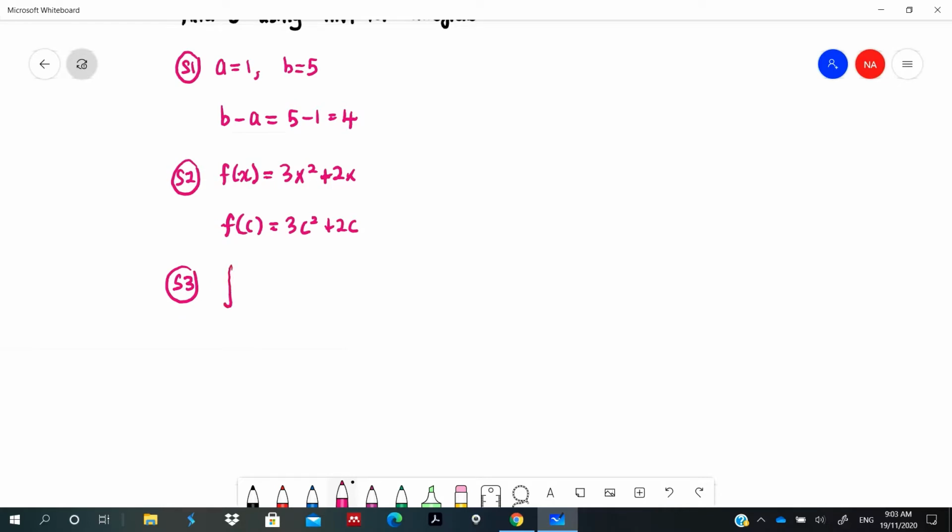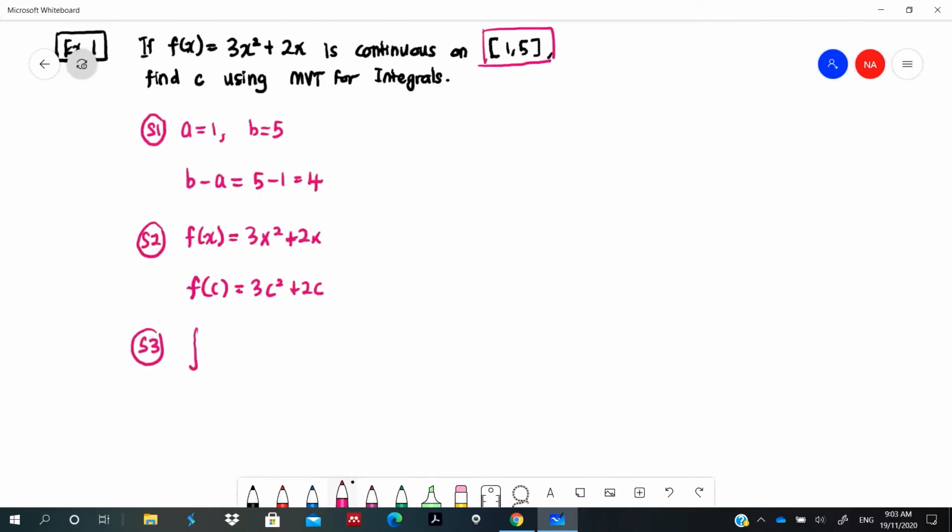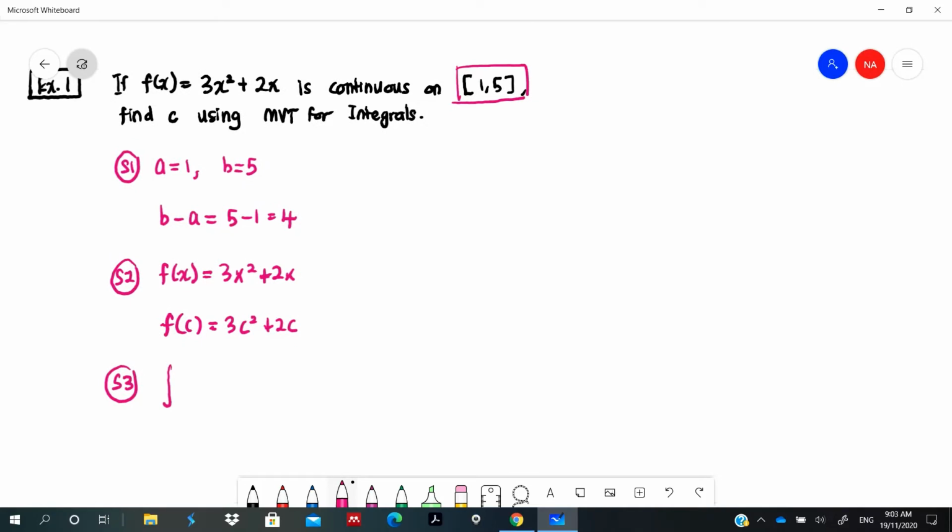Let me write the formula: the integral from a to b of f(x) dx equals f(c) times (b minus a). This part we already have here, and f(c) we already have here.